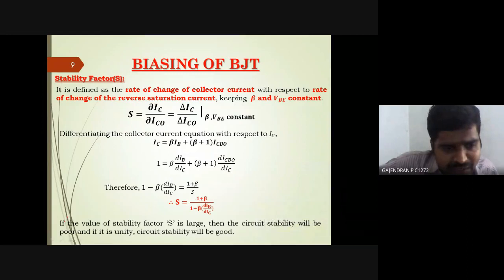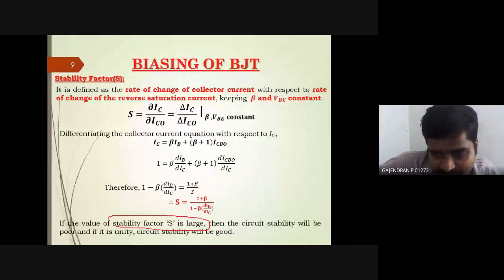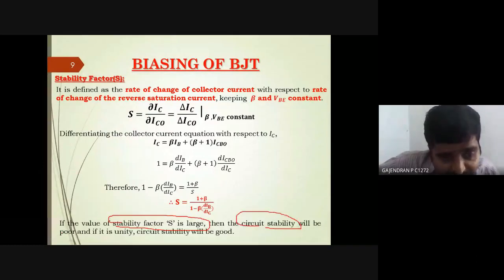Please note down these keywords. If stability factor is large, then stability of the circuit is poor. If it is unity, what is meant by unity? S is equal to 1.